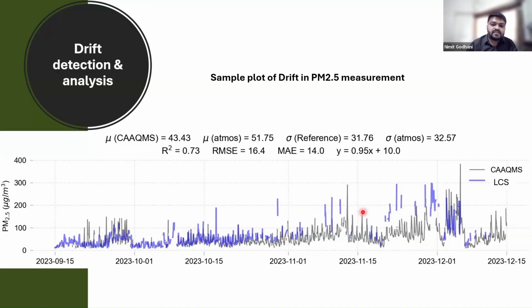After that, this data set is not matching with the reference grade monitors, there are lots of discrepancies, and the trend is also not matching. So we can say this sensor has some internal issue, aging or drifting.